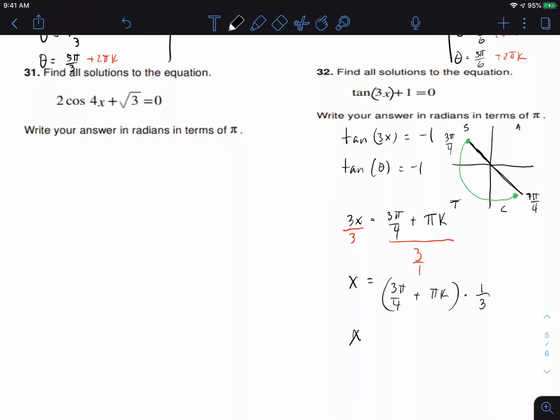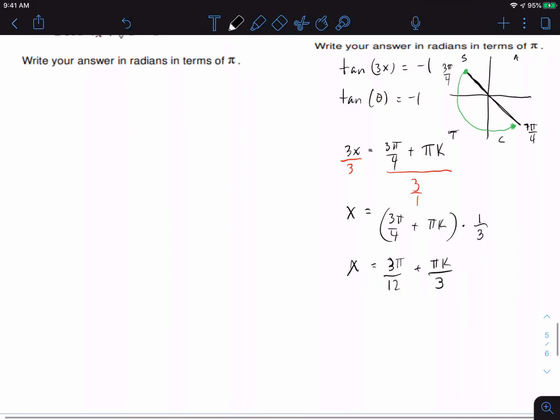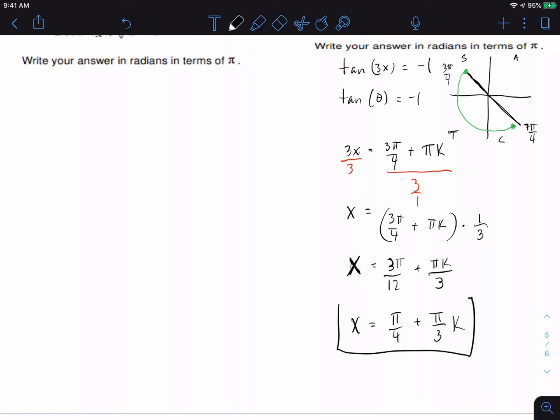And so x is going to be equal to 3 pi over 12 plus pi k over 3. We okay with that? Okay. Then from there, the 3 and the 12 can be reduced. So I'm going to get x is equal to pi over 4 plus pi over 3 k. And this is my solution.